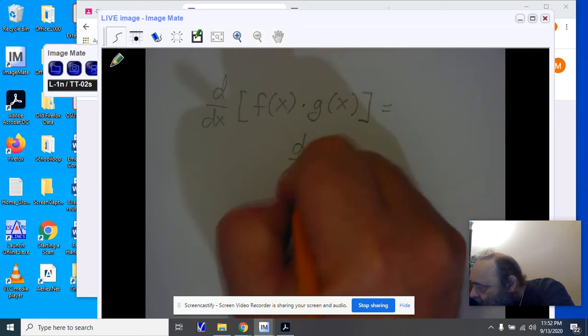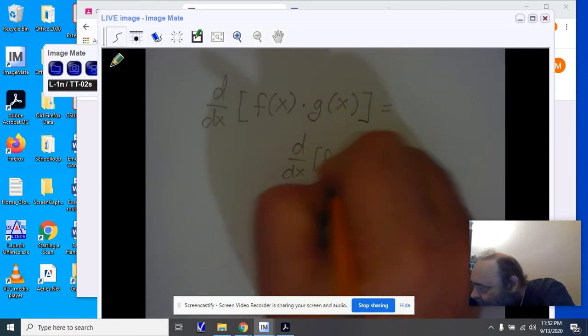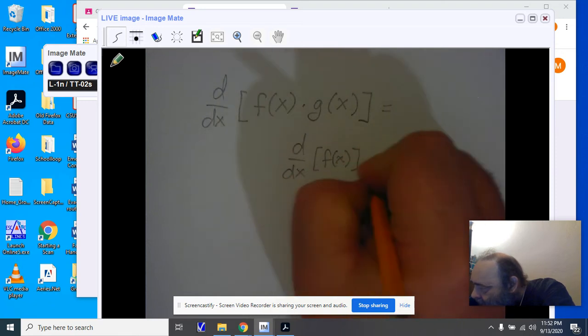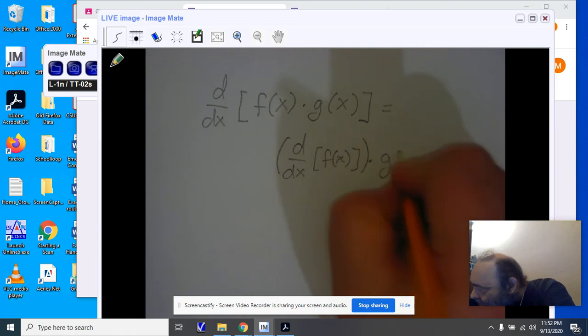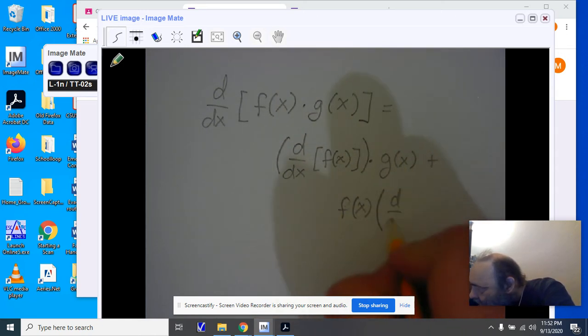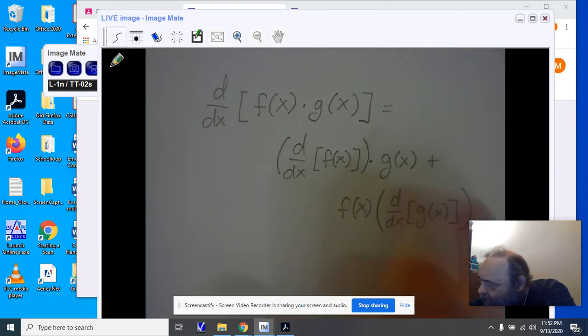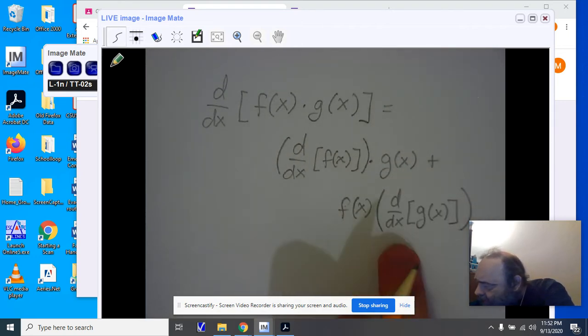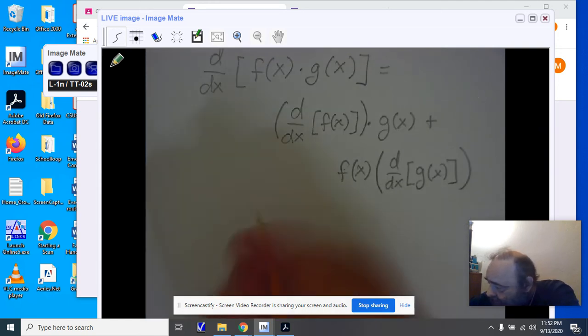D dx of just the first function and then multiply it by the second and then add to it the second multiplied by the derivative of the second. There we go. So that first derivative of the first times the second plus the derivative of the second times the first.